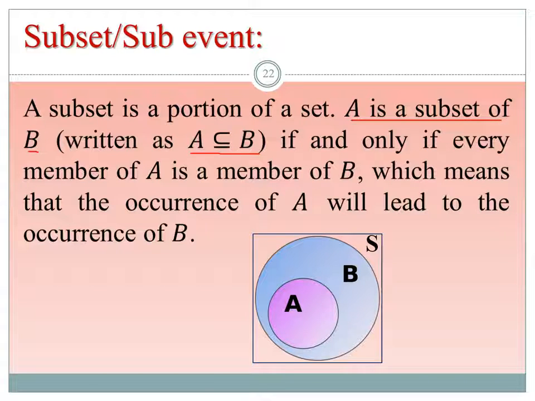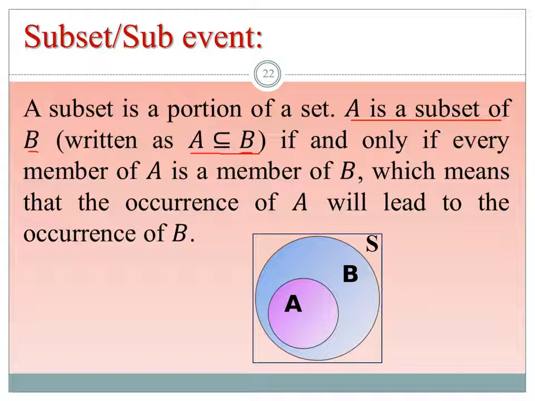A is a subset of B if and only if every member of A is a member of B, which means that the occurrence of A will lead to the occurrence of B. In this case, B is the bigger set, and A and B are events in the sample space.